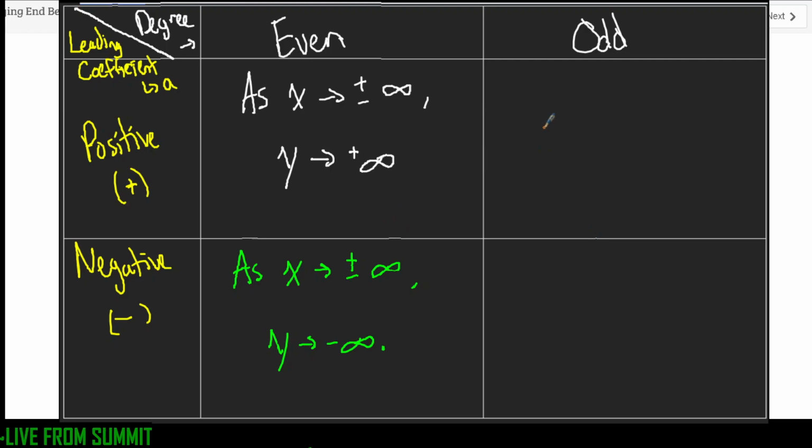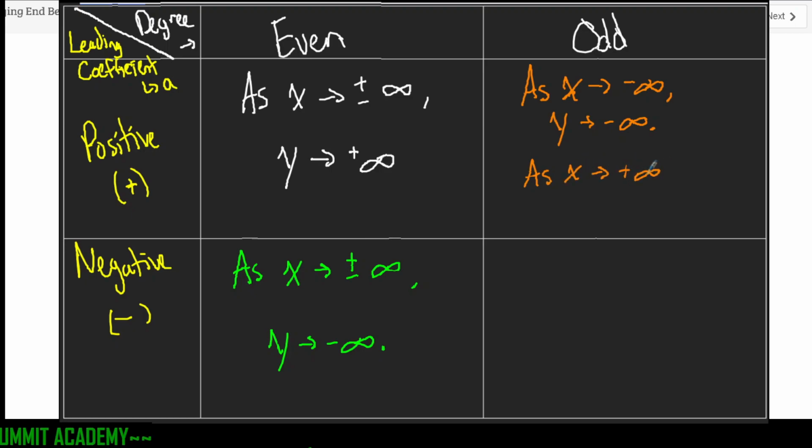For the top right, when we have odd and positive, we're going to say a couple things. As x goes to negative infinity, our y values also go to negative infinity. Same thing with as x goes to positive infinity, so do your y values.